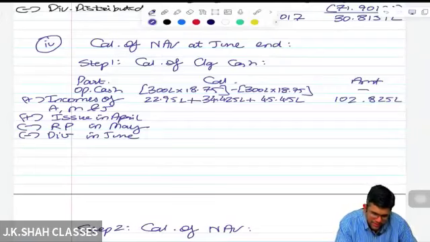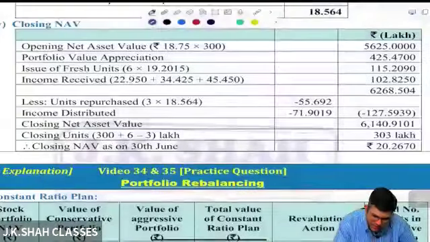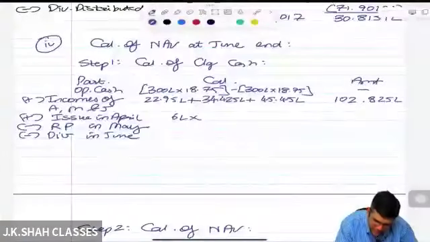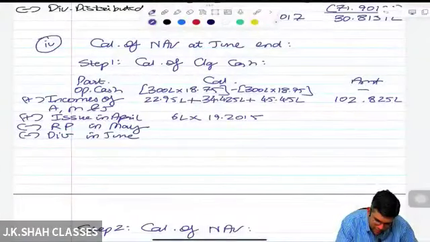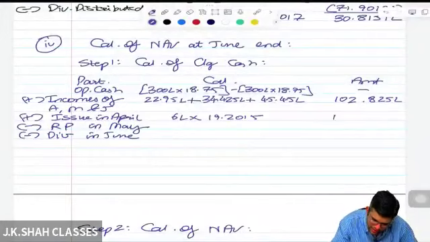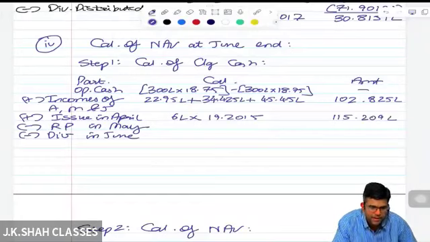102.825 lakh. Then in April, students, we issued 6 lakh units, and each unit gave us 19.2015. So 6 into 19.2015, we got 115.209 lakh.